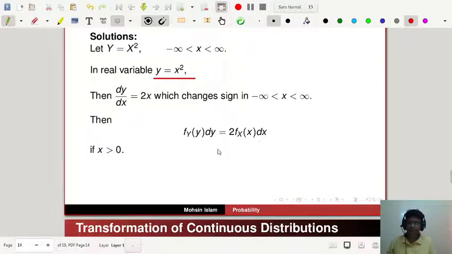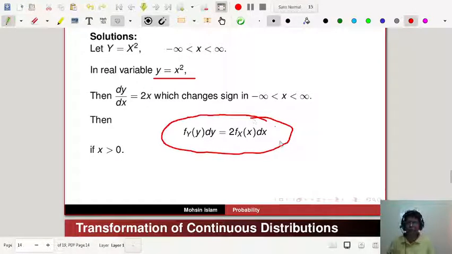Then again by the same process, I am not discussing the process of probability differential. I am just giving you a hint how to solve the problem. You take the case of x greater than 0.